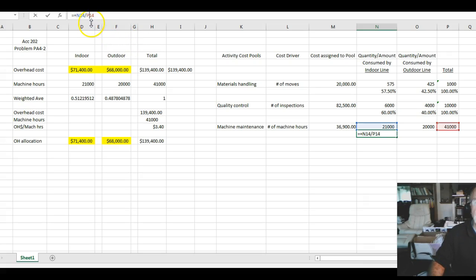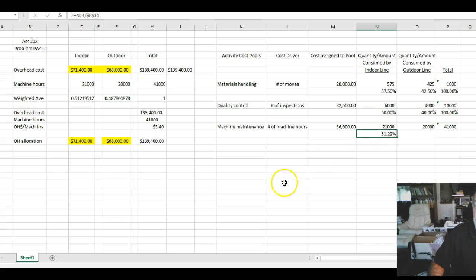So what I'm doing up here to be able to easily copy these formulas, showing the denominator as a constant, I want this to be a constant in both formulas. I simply put the cursor in between the alpha indicator for the column and the numeric indicator for the row, and then use the F4 key and press enter, and that basically makes that cell content in this formula a constant.